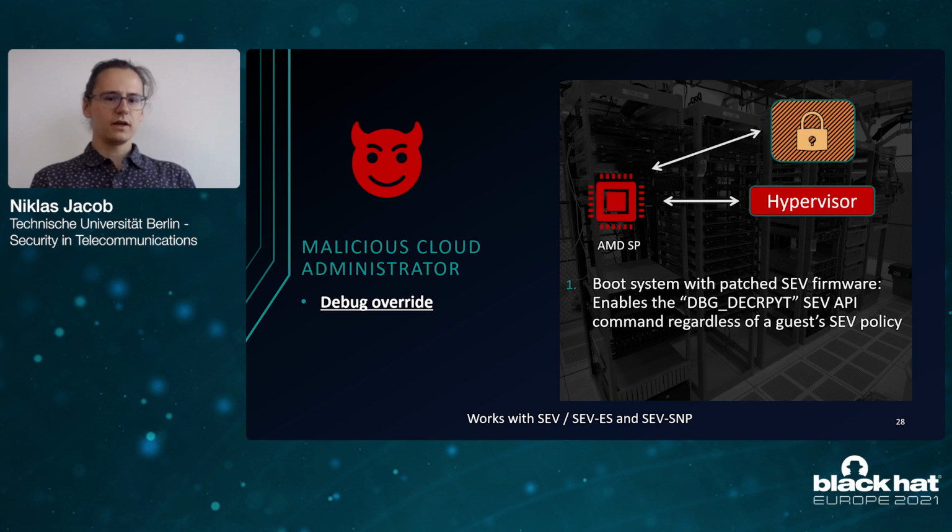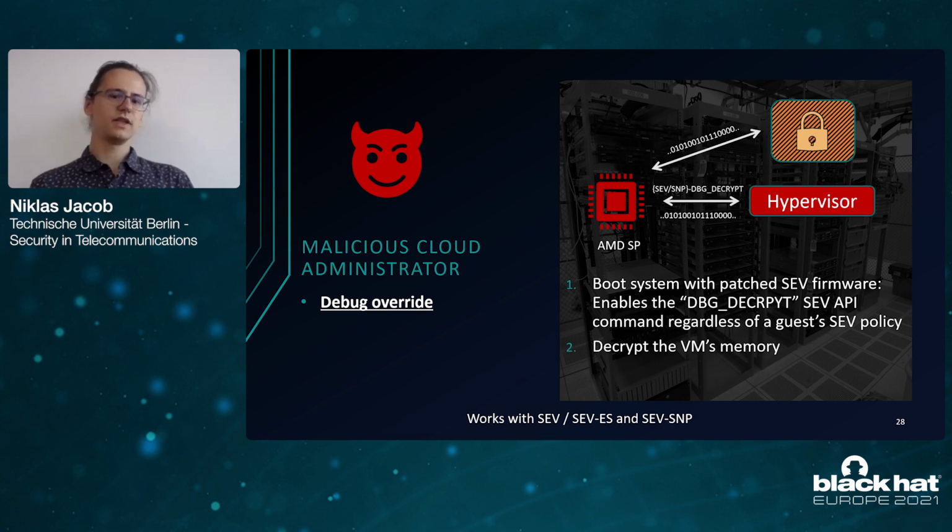With this malicious SEV application in place, a malicious administrator could use our attack to set it up, and then a VM customer could set up a VM that is non-debuggable, but the hypervisor can still try to decrypt the VM, and the AMD SP will happily do that, defeating all of the securities provided by the SEV technology. This is, of course, an attack where you need physical access to the system.